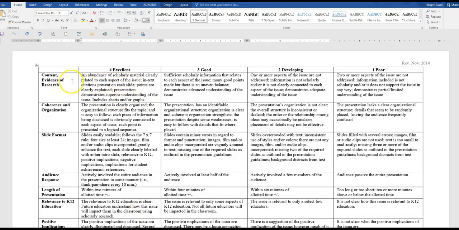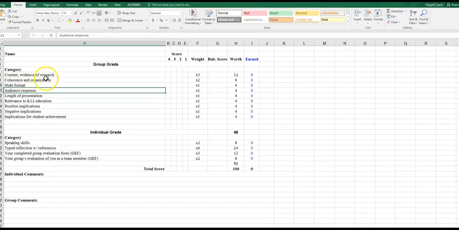I'll be matching the content evidence of research to the content evidence of research. The weight of that category is 12, it's times 3. Again, 4, 3, 2, 1. The highest score you can get is a 4, then a 3, a 2, a 1. I can do a 0.5 for those.